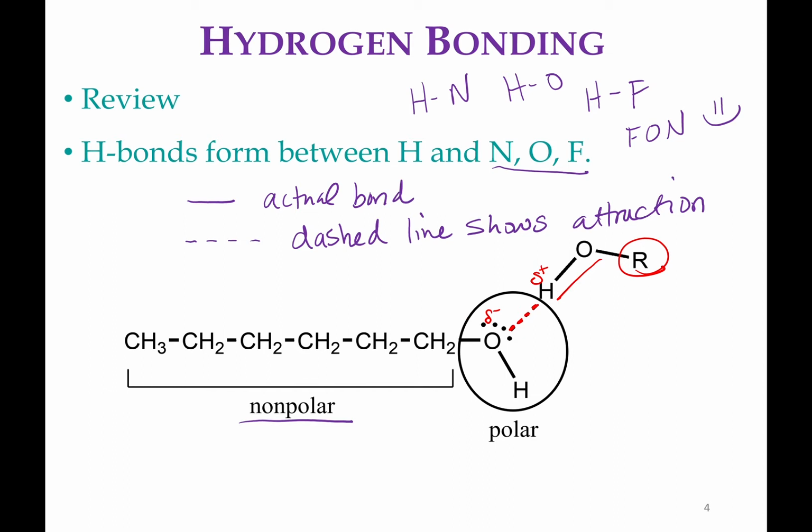So we have a dipole there. We can see the attraction to actually two different molecules because we have the hydrogen here, and sometimes this oxygen, depending on where it's at, can even be attracted to more. So here we have another attraction between the hydrogen of the alcohol group and another oxygen from another alcohol.